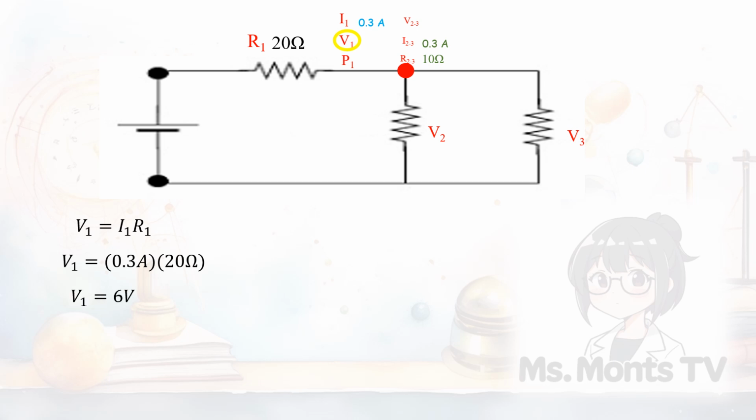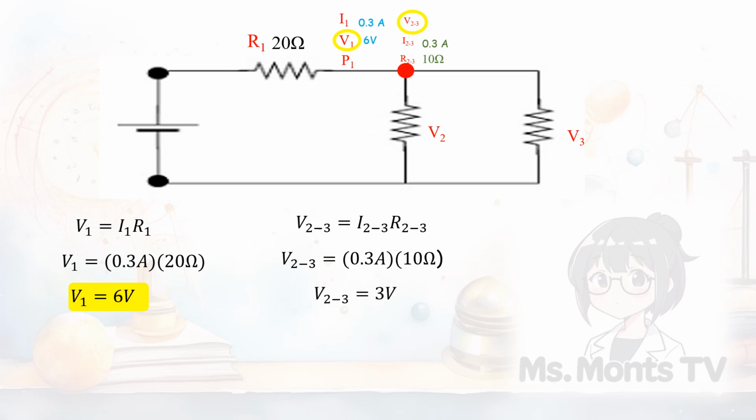So V1 equals 6 volts. Then we can find V23. So in V23 we'll already have the I23 and the R23. So V equals IR, 0.3 times 10 ohms, it will be 3 volts. Now, since V2 and V3 are parallel, meaning they are equal, V2 is 3 volts, V3 is 3 volts. Then, so they have 3 volts.